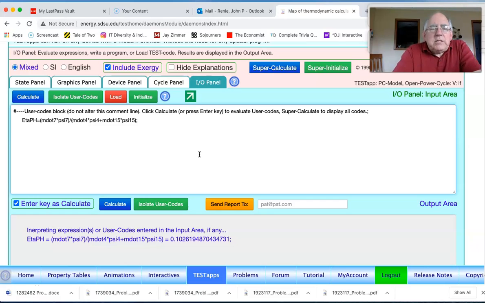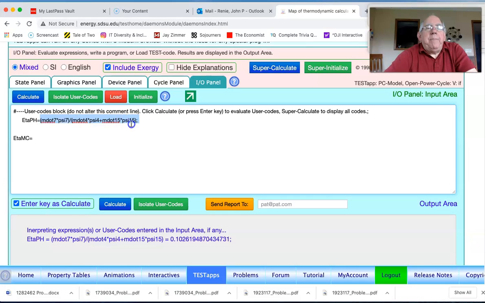Now we want to do the same thing for the mixing chamber. And for the mixing chamber, we'll call that eta, and we'll call it MC for mixing chamber. And what we have there is two streams coming in and one stream going out. And so we have the same thing that we really had over here.